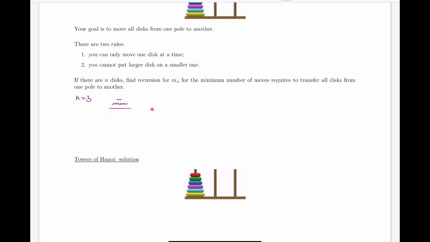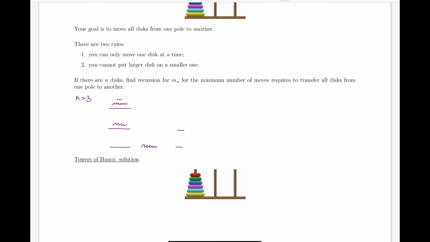I need to move this to the other pole. So I'm going to start by first moving the smallest disk to the last pole here. So my second largest stays in place. Then I'm going to move this second largest to the middle pole. That's exactly what I did in the app, right? So I have the largest disk, the second largest, and the little guy.